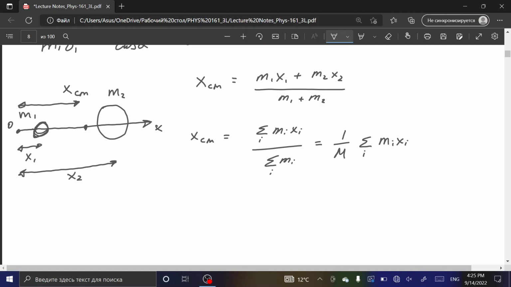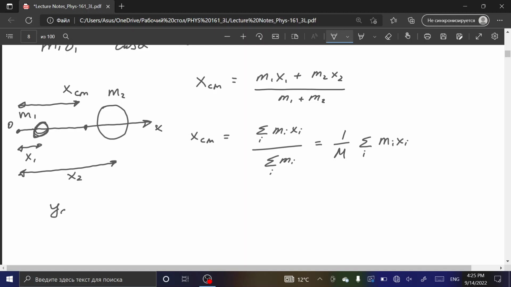Obviously, if we deal with a system in three-dimensional space, we need to calculate the position of the center of mass, its coordinate along all axes. So that's why we can translate this equation further for axes y and z.